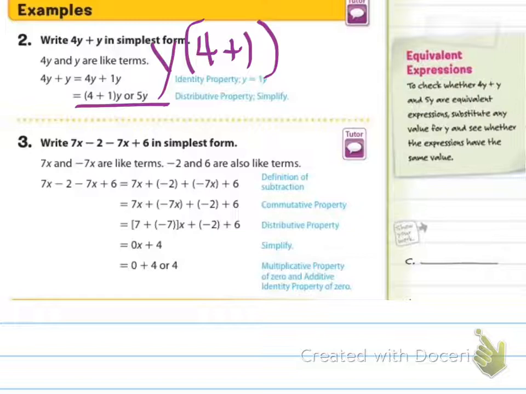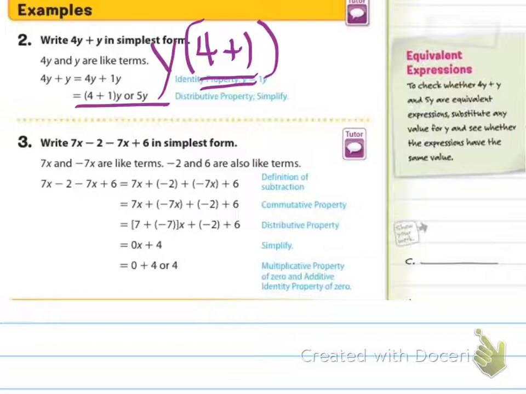But I think that if you just think of it as 4 yo-yos plus 1 yo-yo, it's 5 yo-yos. It's the same situation. They just want to make sure that you understand why that works, because distributive property says that y times 4 plus 1 is the same as 4y plus 1y. So we can combine the 4 and the 1 and make 5 right off the bat.